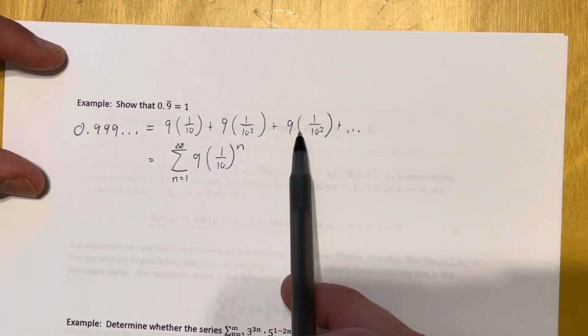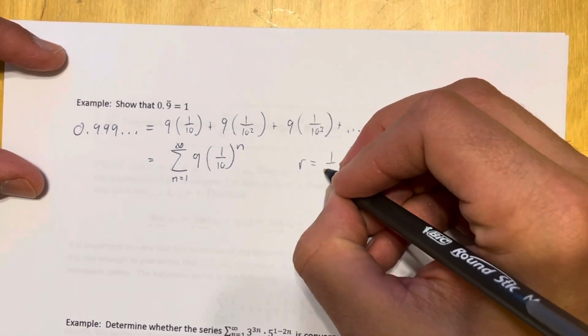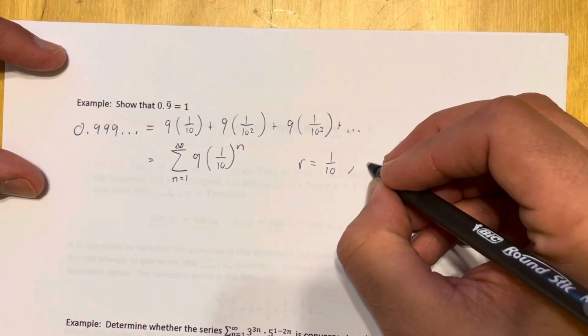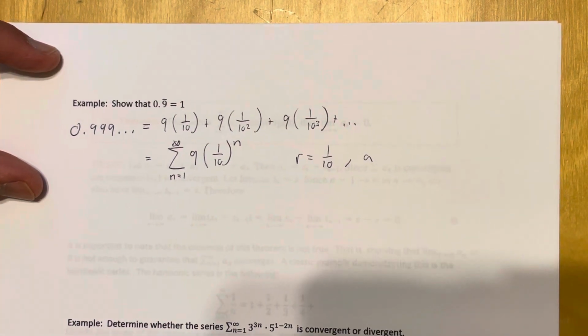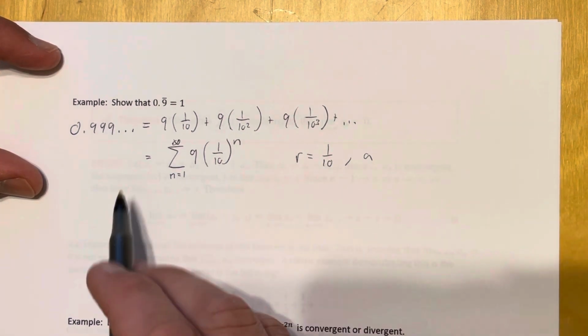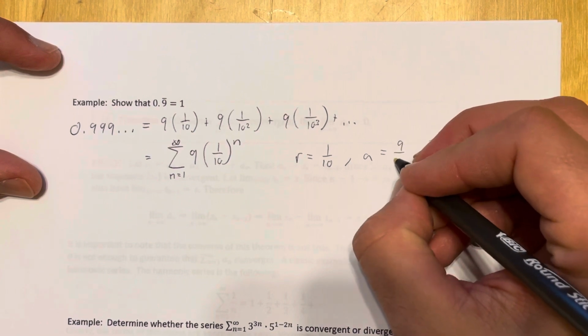That means the common ratio for this series, which we call R, is 1/10. The first term in this series, which we tend to call A in the formula for the limit of a convergent geometric series, is 9 times 1/10, or just 9/10.